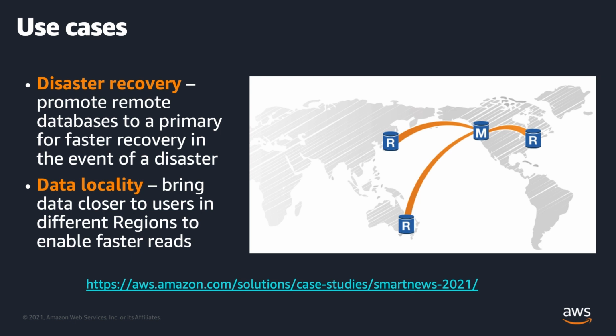The number 2 use case is customers with cross-region end users and needing region local latencies for local read use cases. You can read more about how a company called Smart News uses their Aurora Global Database architecture to serve their worldwide end users in the link on your screen.